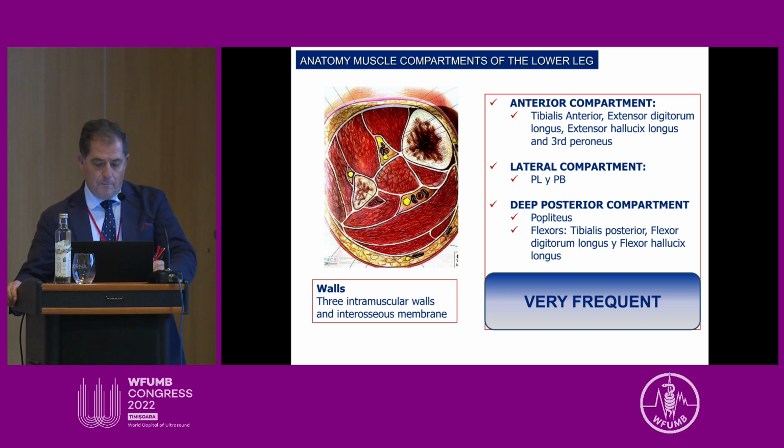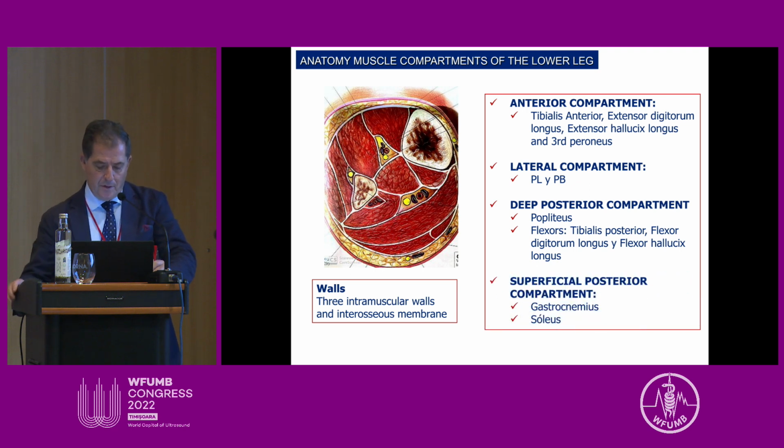In the anterior compartment, the extensor muscle. In the lateral compartment, the peroneus longus and brevis, and the posterior profundus. In the proximal area, the popliteus muscle, and in the distal area, the flexor. But these are less prevalent muscle injuries in this area.